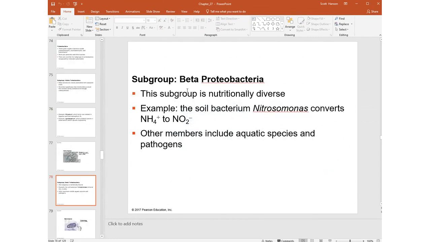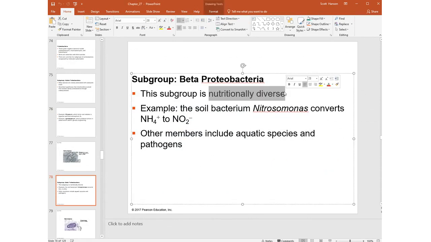In the beta subgroup of proteobacteria, it's nutritionally diverse. One example is a bacteria that are in the soil, Nitrosomonas. And Nitrosomonas then converts ammonia actually to nitrous oxide.